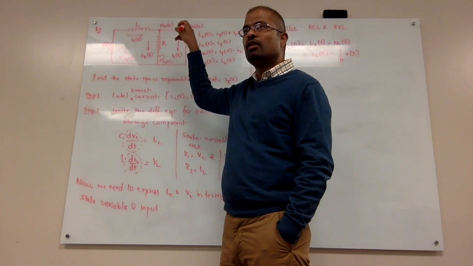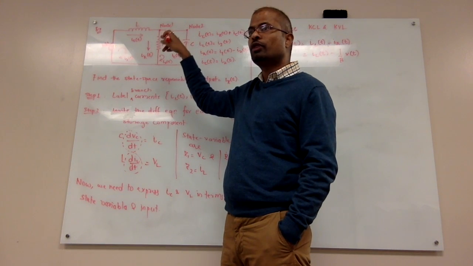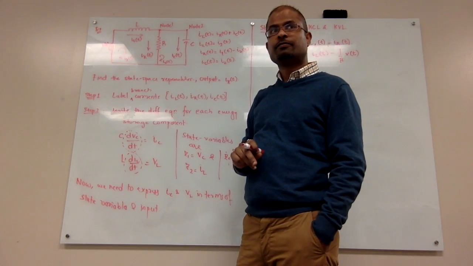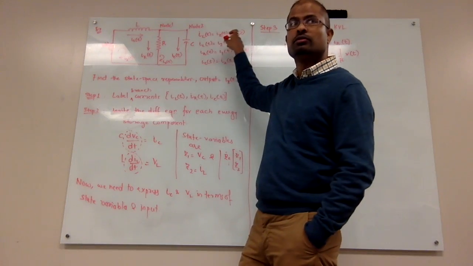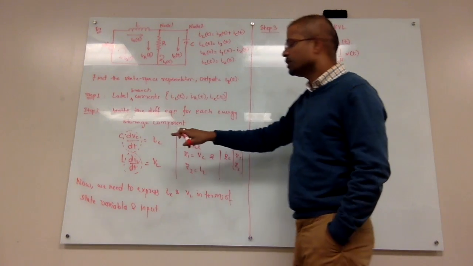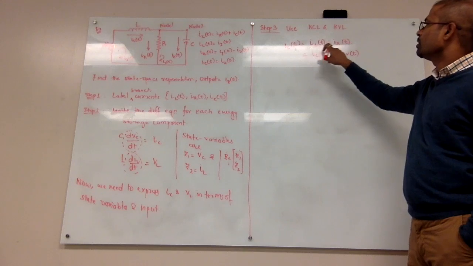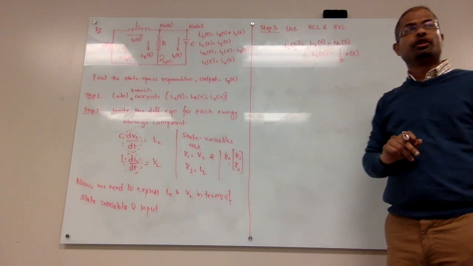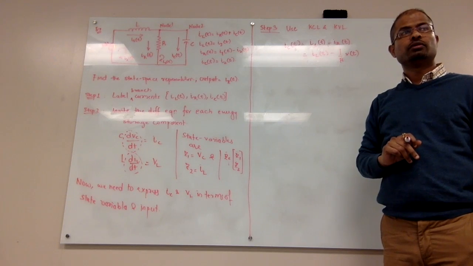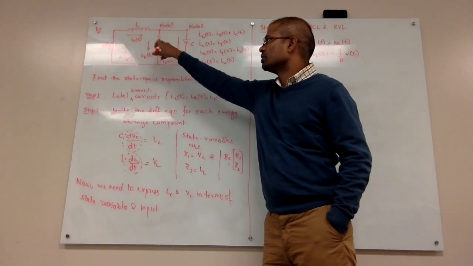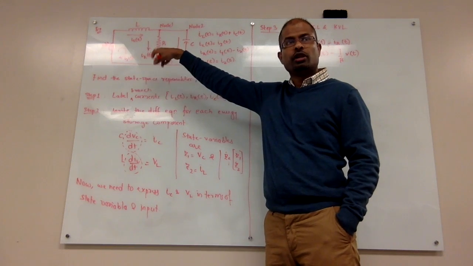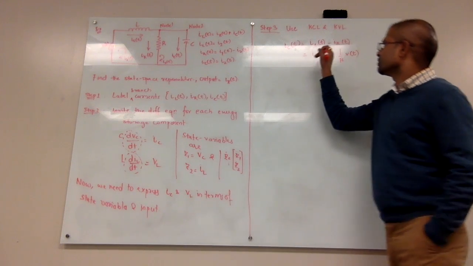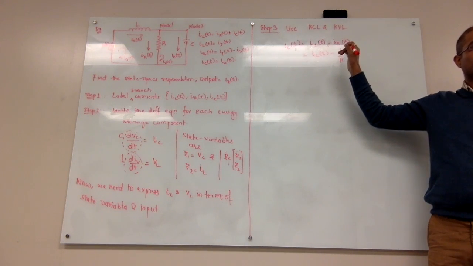The current flowing in is IL. Current flowing out of that node is IR plus IC. That is what we have written here. And we use that IC is equal to IL minus IR. IR is 1 over R V of t. The current flowing through this is simply the voltage in the loop divided by the resistance. V equal to IR, Ohm's law.